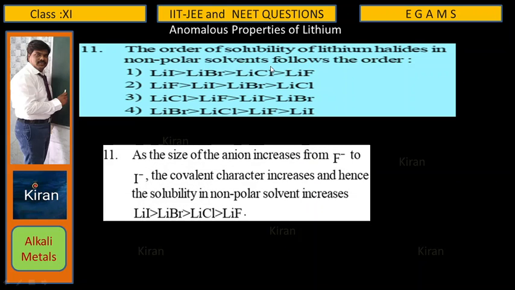As the size of the anion increases from fluoride to iodide, the covalent character increases and hence the solubility in non-polar solvents increases. Non-polar compounds are soluble in non-polar liquids.